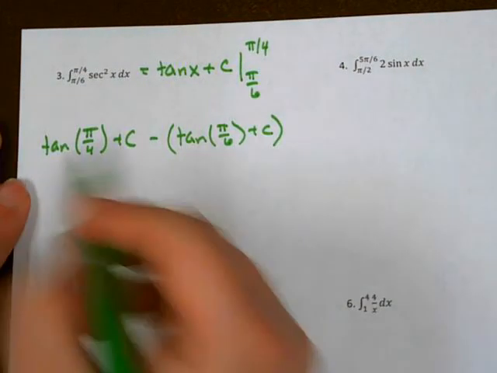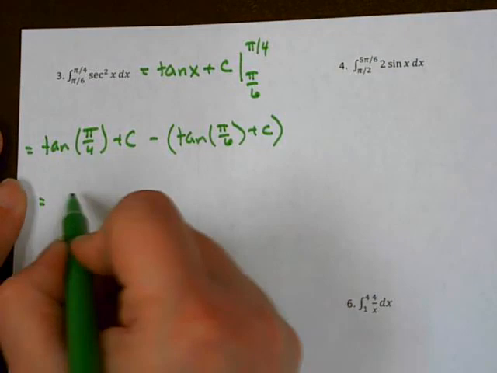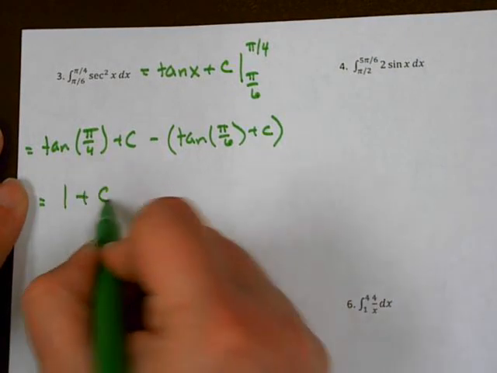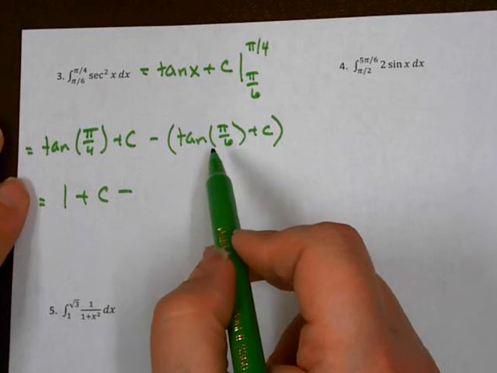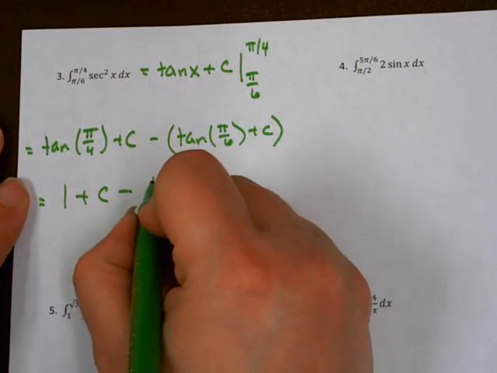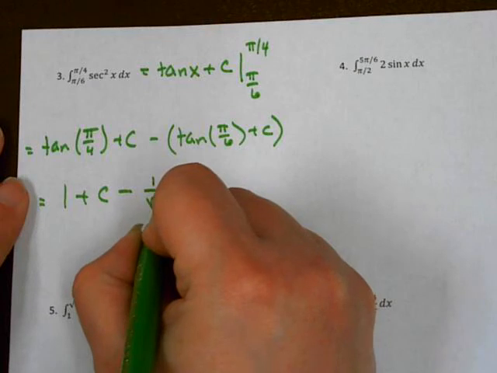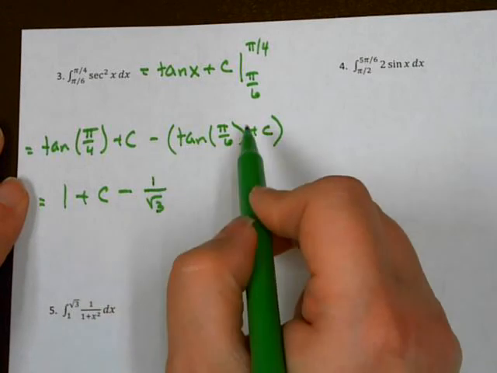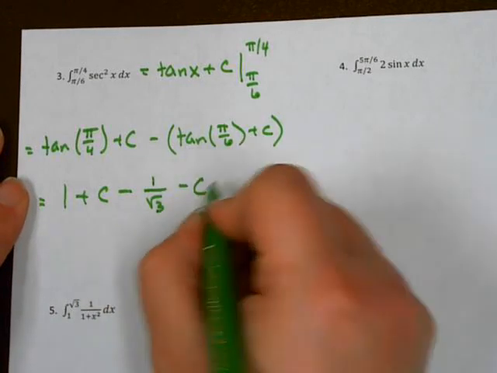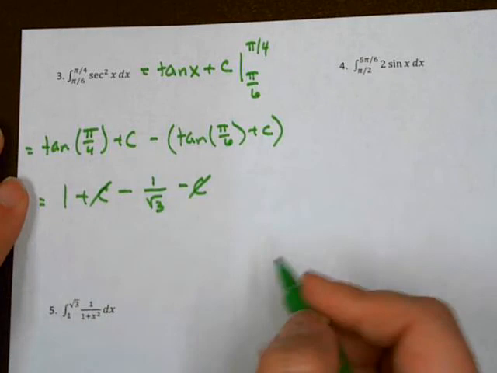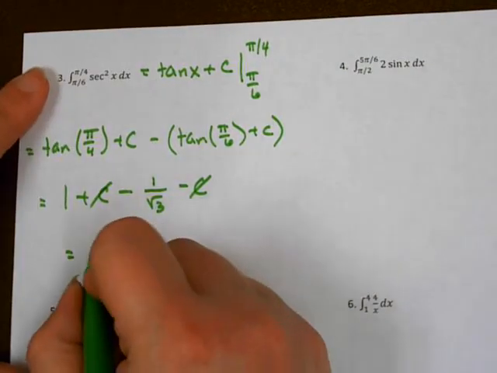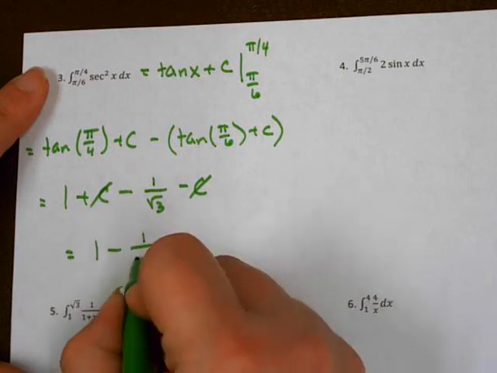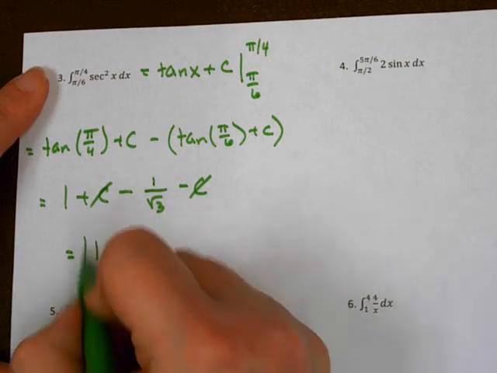I know that the tangent of pi over 4 is 1, so I have 1 plus c, minus, let's see, the tangent at pi over 6 I know is going to be 1 over the square root of 3, and then if I distribute my negative I have a minus c, so these cancel each other, which means I'm left with this integral being equal to 1 minus 1 over the square root of 3.